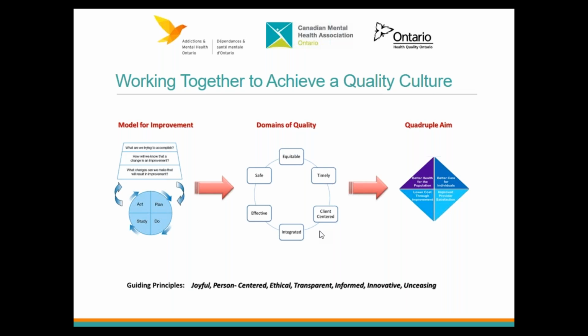And in order to get to that quadruple aim, we have what we call domains of quality. Those aspects of care and service delivery that clients and families tell us are important and that lead to quality care. And those are things like equitable access, safe services, effective services, integrated system, being client-centered, and having access to services and supports in a timely way.